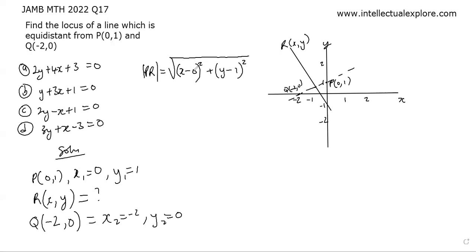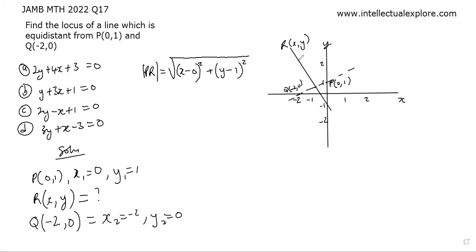So this is the formula for calculating the length of a line. If it was just a normal straight line, you just say the square root of (x2 minus x1) all squared plus (y2 minus y1) all squared.